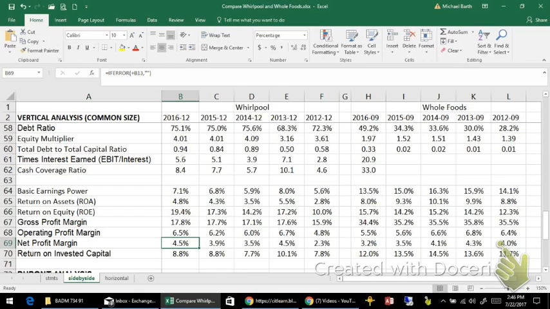And net profit margin is slightly higher for Whirlpool, depending on the year that you look at it. Okay, but very comparable in operating and net profit margin, but a big difference in gross profit margin. All right, so that gives us some of the ratios that we're looking at with financial leverage and the impact of the financial leverage on profitability.